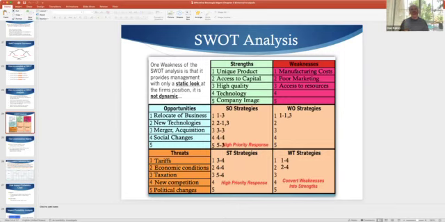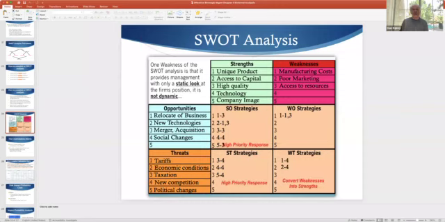So in the first matching area right here, it's telling us that strength 1, unique product, can be used on opportunity number 3, merger and acquisition, 1-3. Strength 2, access to capital. Well, that one we can use on both 1, relocate the business, and 3, mergers and acquisitions.